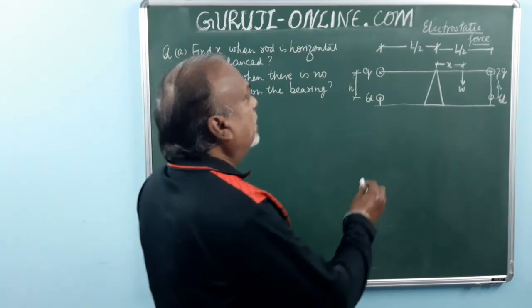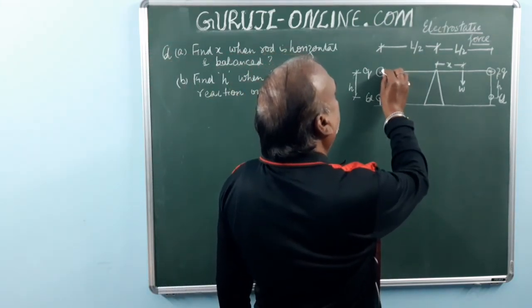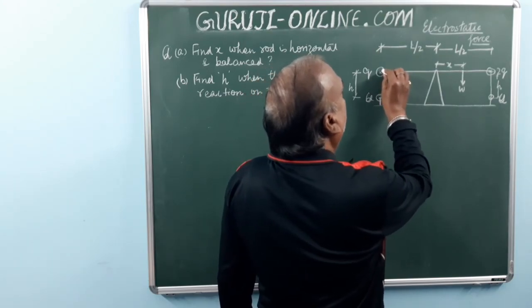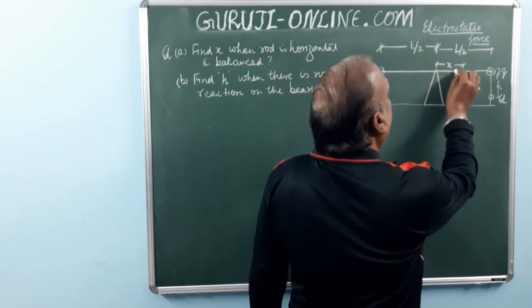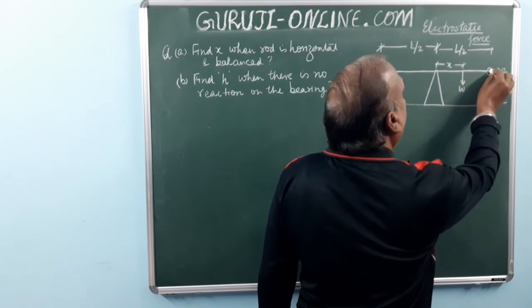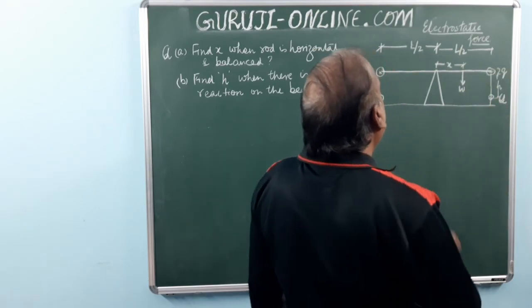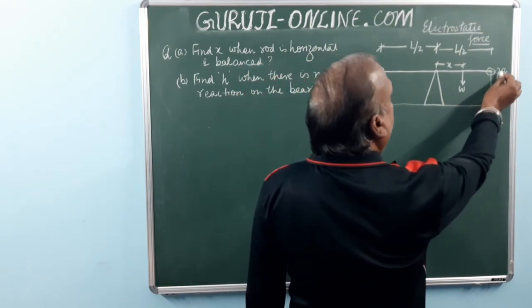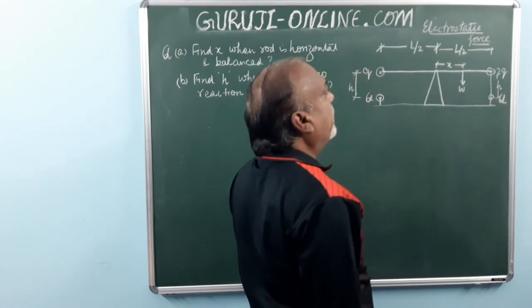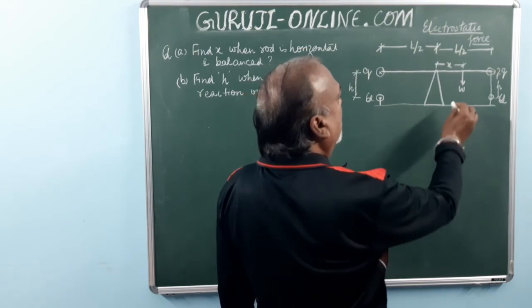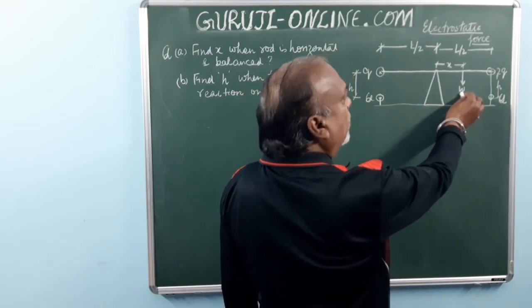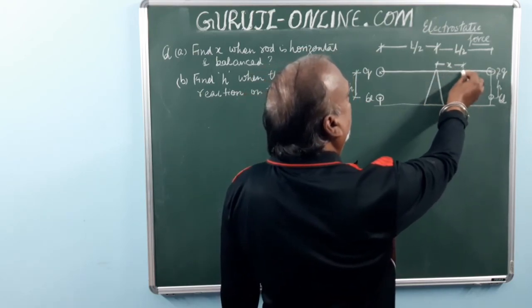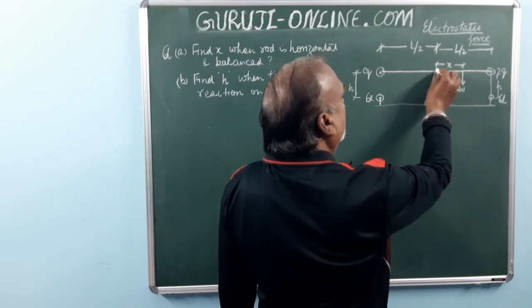you are given a rod, and here charge Q is there and here charge 2Q is there, and there is another weight of W at the x distance from this bearing.